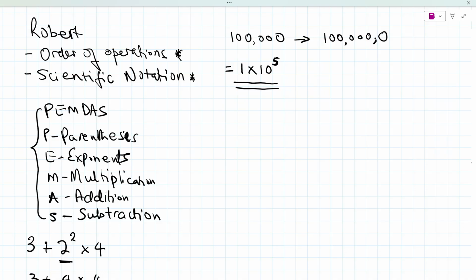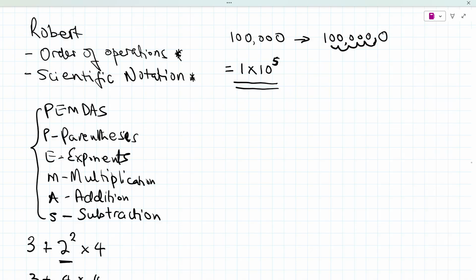If the number is larger than 1, then we move the decimal point to the left. 1, 2, 3, 4, 5. In this case, we move to the left 5 places.